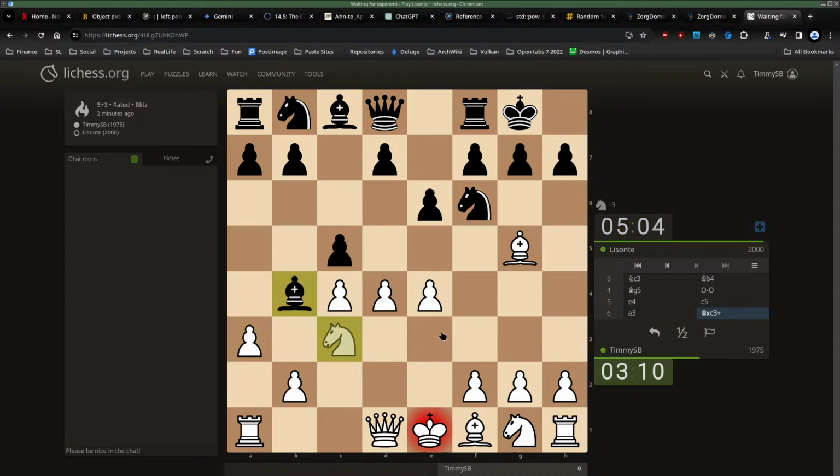I trust this guy's rating, as it were. Now I'm definitely threatening this, but not anymore, because he moved the queen. Yeah, plus my bishop is not defended. So if now, say I put my queen here, and he takes, and I take, then my pawn is in, queen defends that.